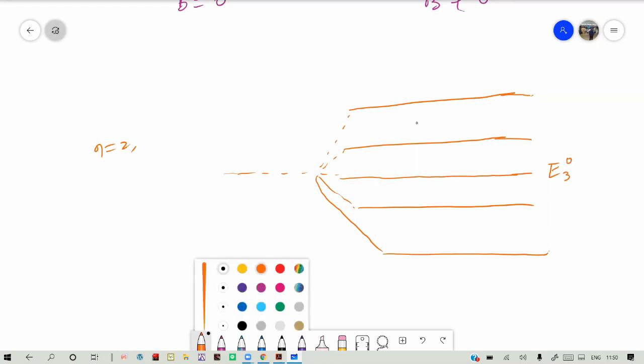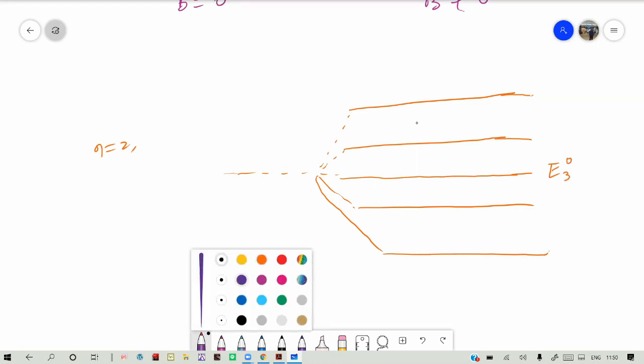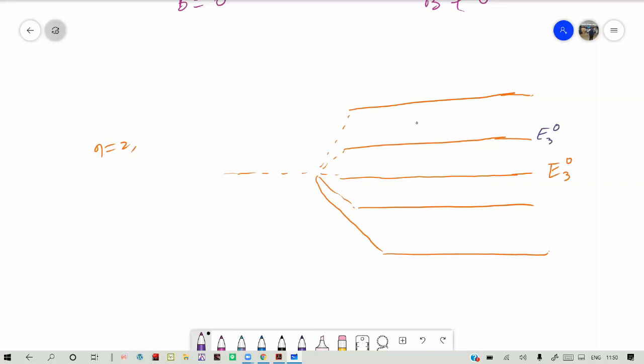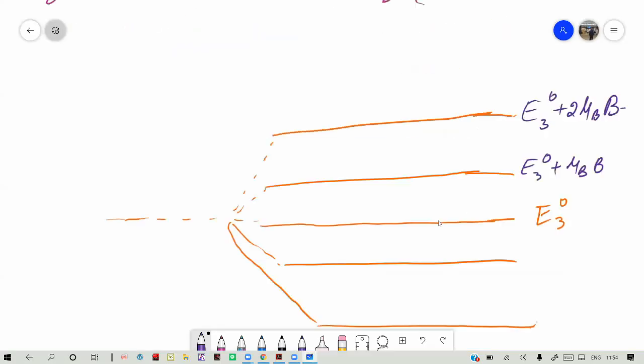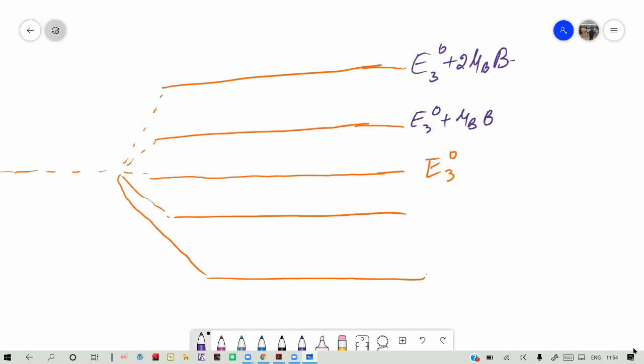This is E30 plus mu B B, and this is E30 plus 2 mu B B. These are degenerate states for n is 3, L is 0, 1, 2.